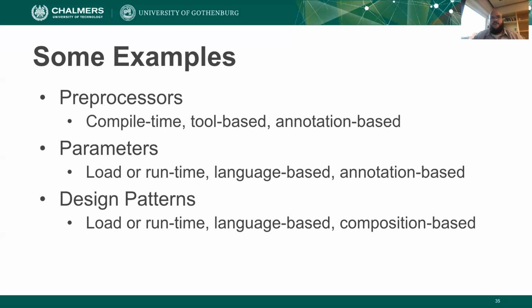We decide what to run either when the program is loaded or we reconfigure it during runtime. This uses language-based mechanisms. It uses the structures of the programming language itself to implement it, and is annotation-based because we leave, again, notes in the code, generally through if statements or through method definitions, where we decide what to run.